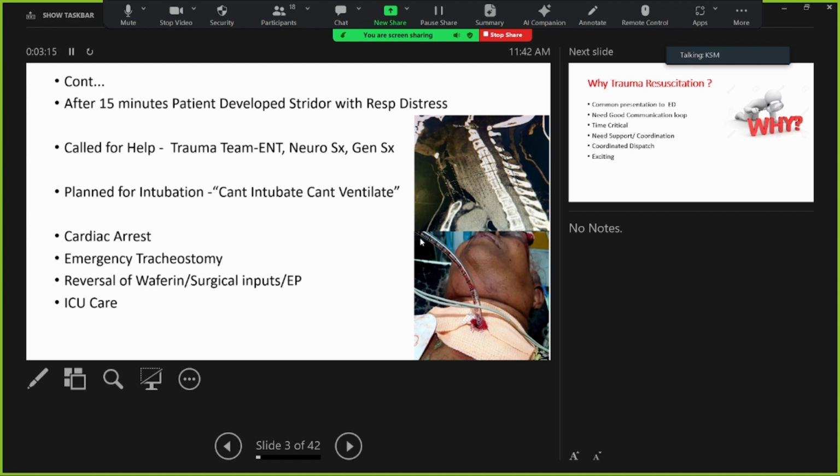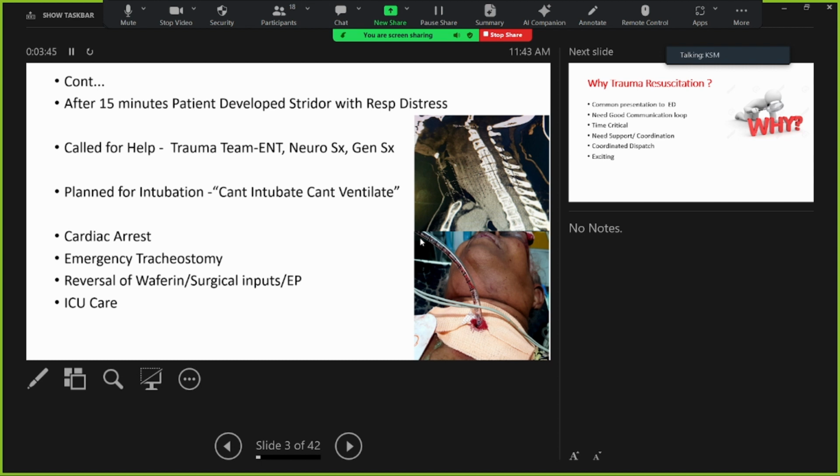We did it successfully within the next 2 or 3 cycles, and we got return of spontaneous circulation. Then we had to stabilize the patient. We had to reverse the warfarin and get the surgical inputs. The patient then had some arrhythmia, so we had to get another opinion. Once stabilized, we transferred the patient to ICU.